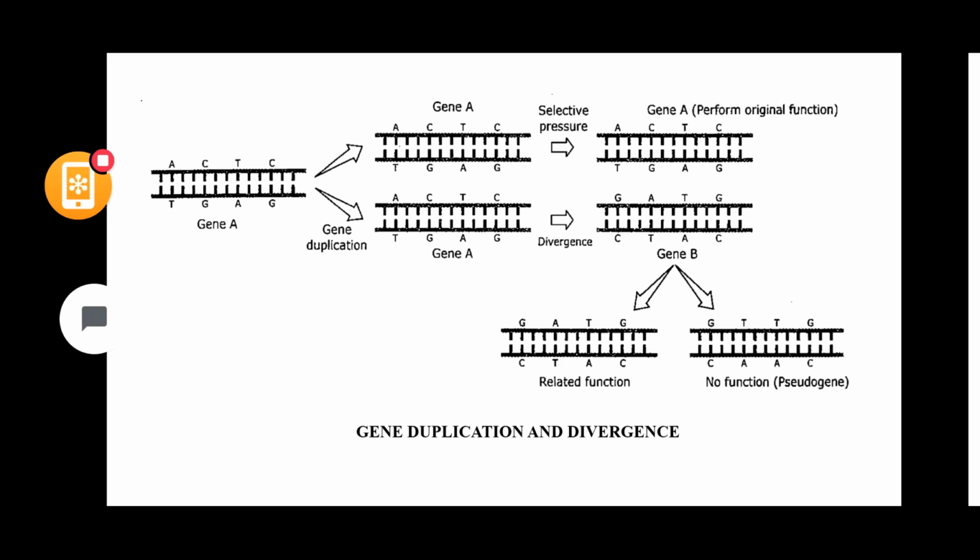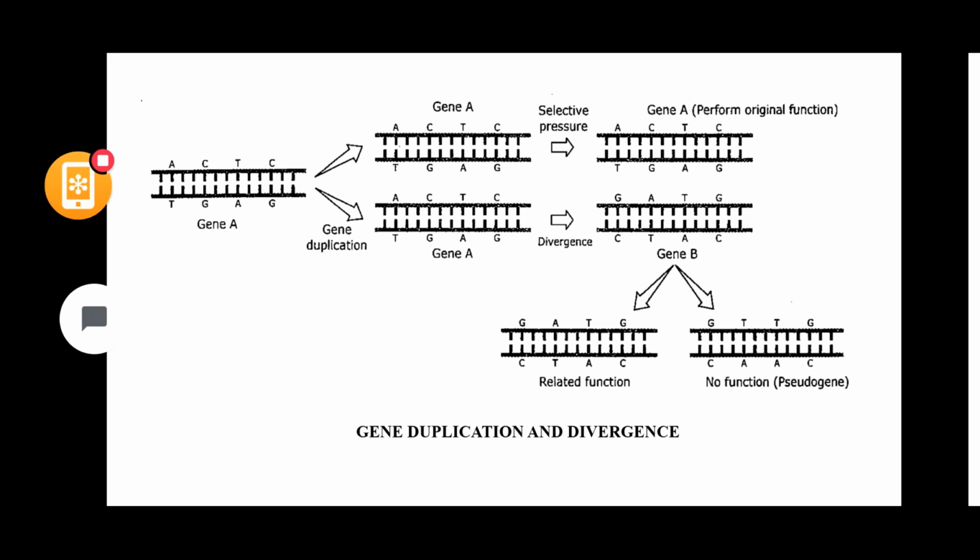In this selective pressure, even if this gene A, the original gene sequence, is mutated, the sequence still has functional properties and performs the original function. So there is no loss of function. Even if the original sequence is not working, the copied one is also present, so it gives a functional protein.